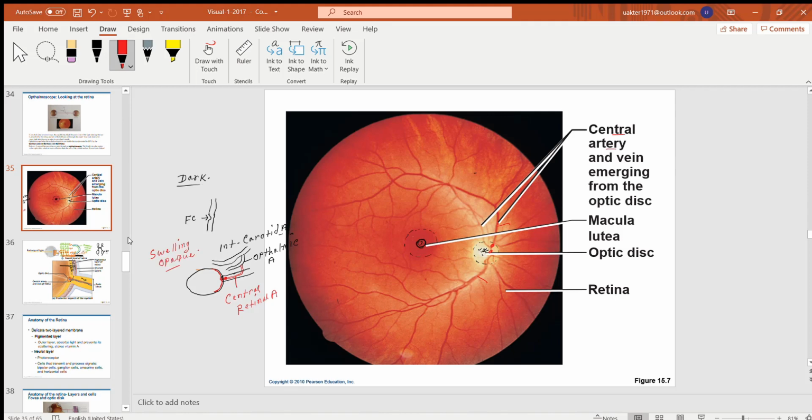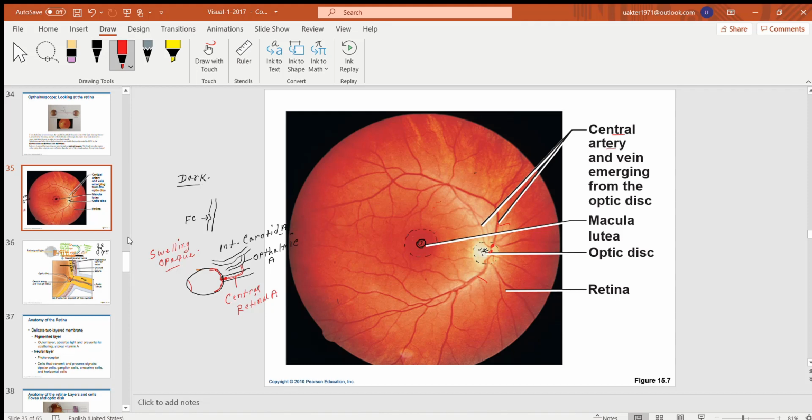Okay, and that is a clinical condition, and if that happens, when you look through the pupil at the retina, it will look opaque with a lot of swelling in it. The color will change to a whitish color.